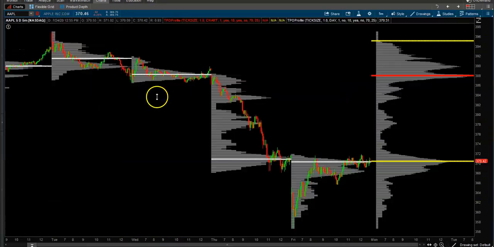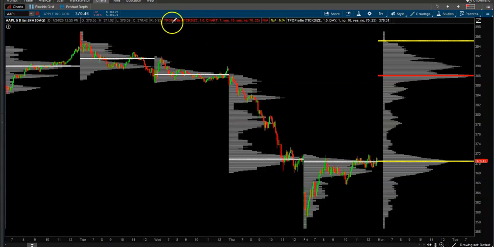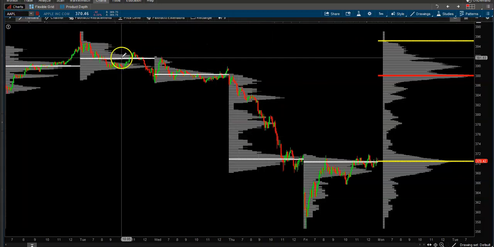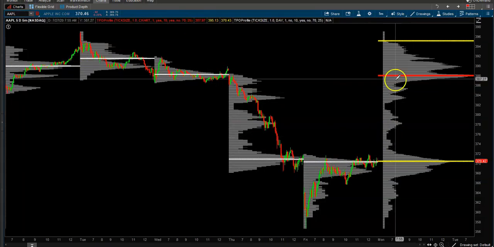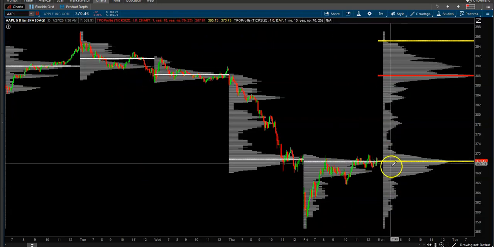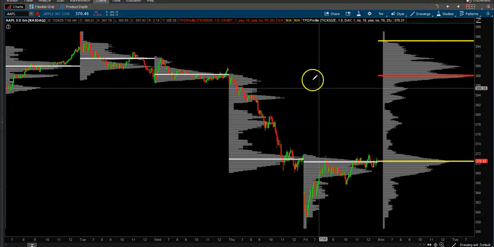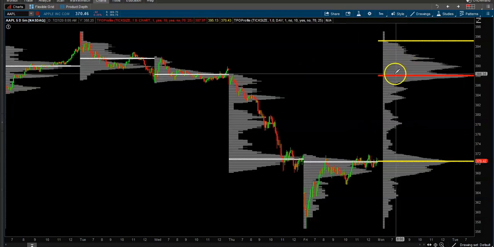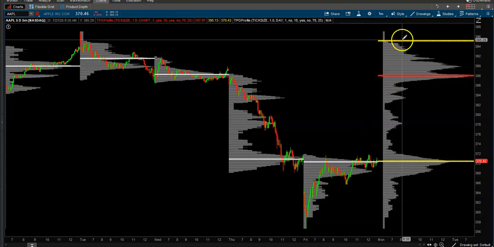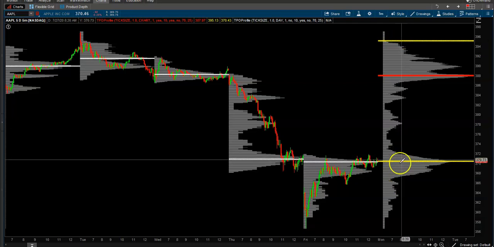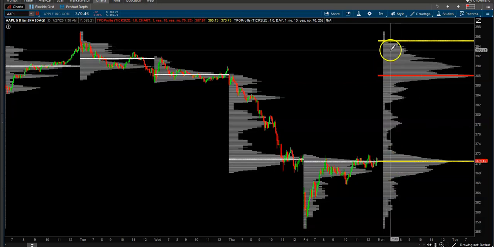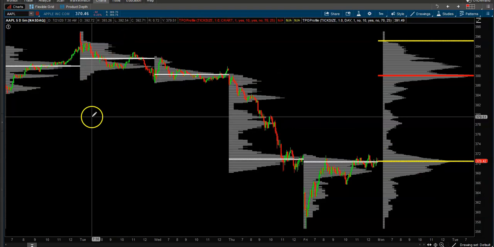So let's first blow up the picture, and let's take a look at Apple. As we could see with Apple, this is a 5-day, 5-minute market profile chart. This shows you your point of control over here, value area high, value area low, and the volume from all these days.